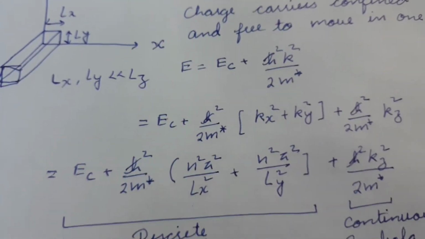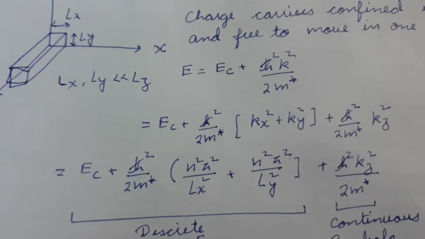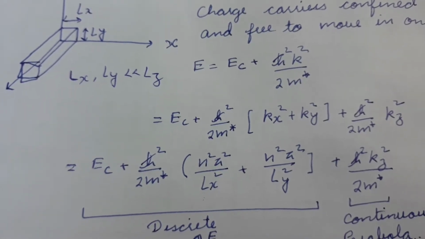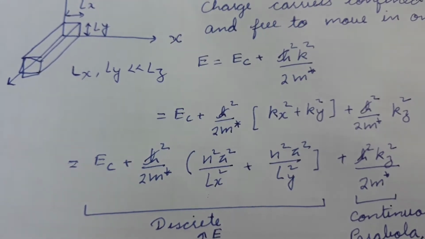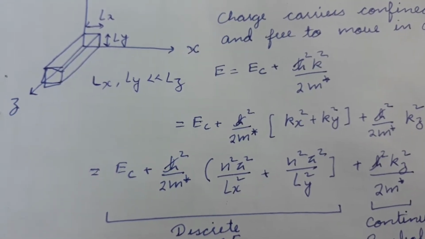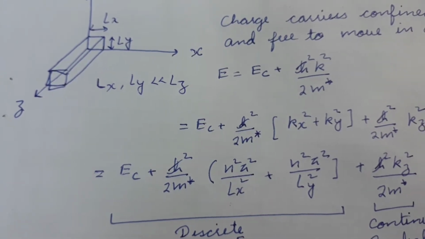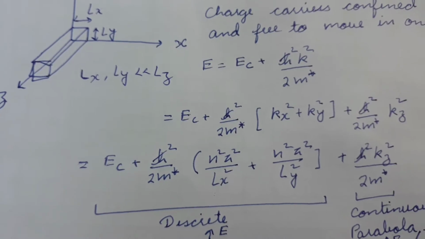The energy spectrum for such a structure is given by this relation, because we know that in x and y direction the motion of the charge carrier will be quantized, while in the z direction the motion will be continuous.